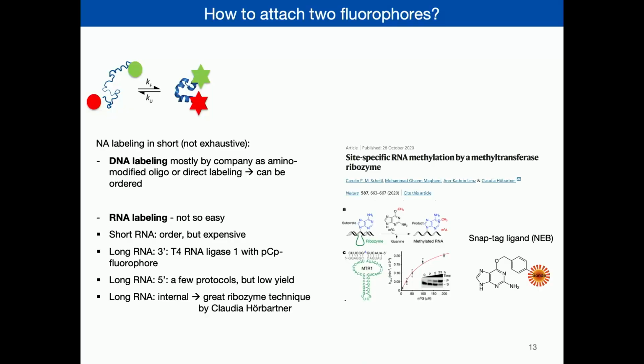So interestingly, you have commercially available SNAP-tag ligands that carry on the guanine not a methyl group, but some kind of a group and a fluorophore. And if you throw that in, that ribozyme doesn't care if you have a fluorophore there and not a methyl group.